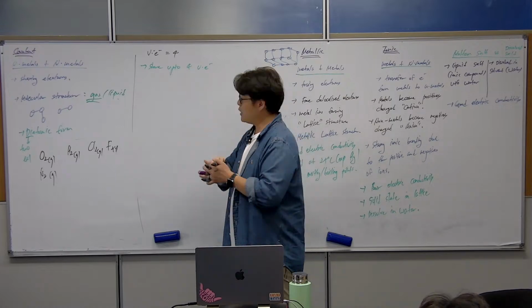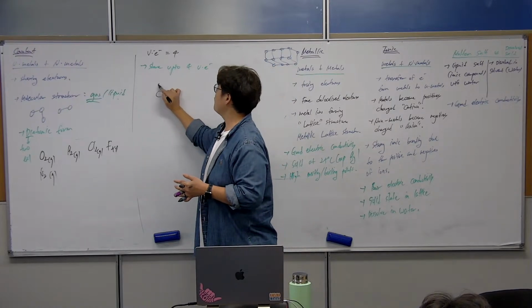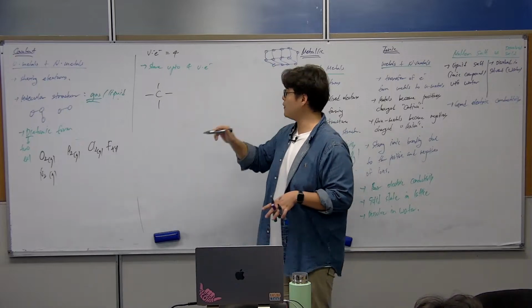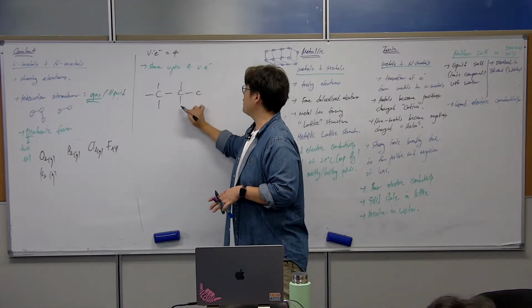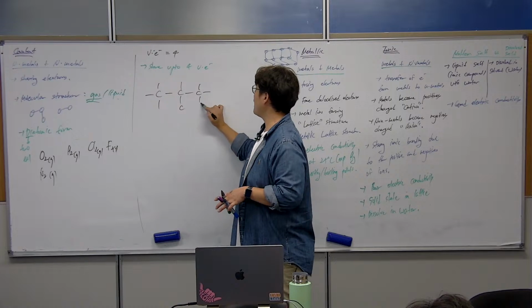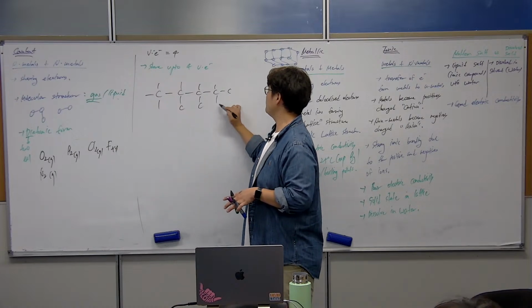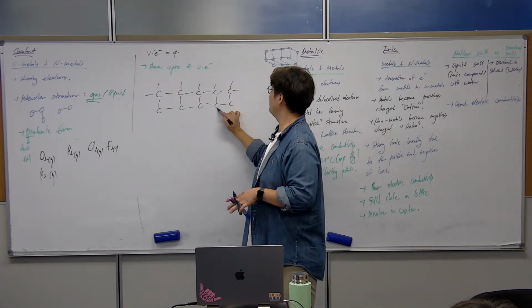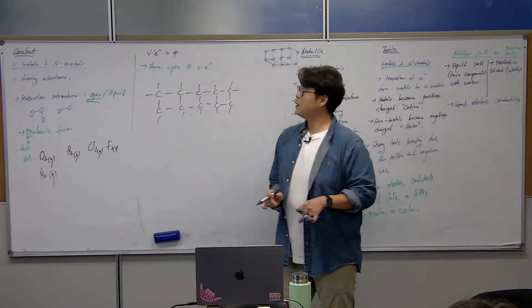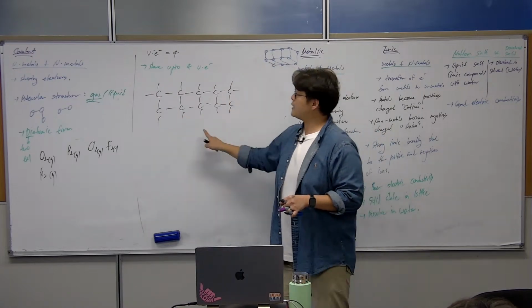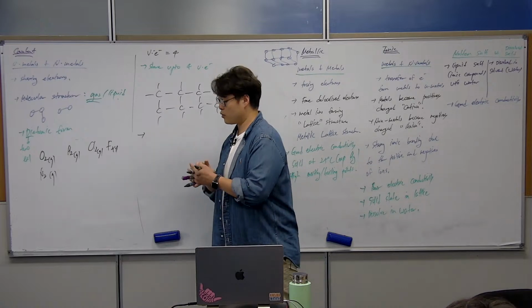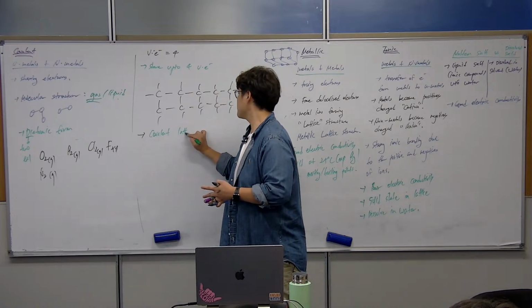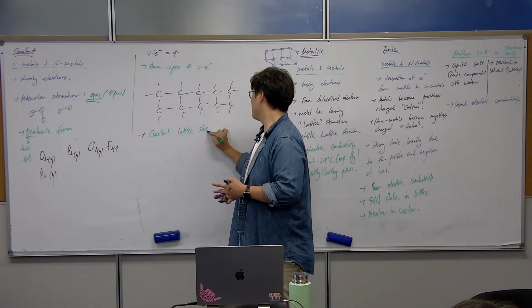For example, carbon can form 4 covalent bondings. So we can have a network of carbons like this. Okay, and as you can see from that, this is giving you a covalent lattice structure.